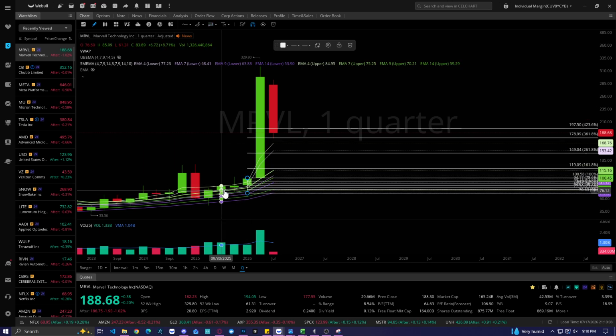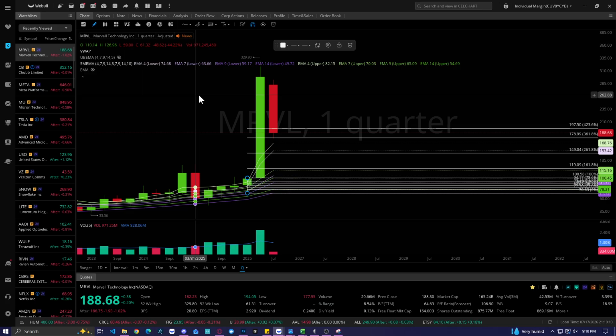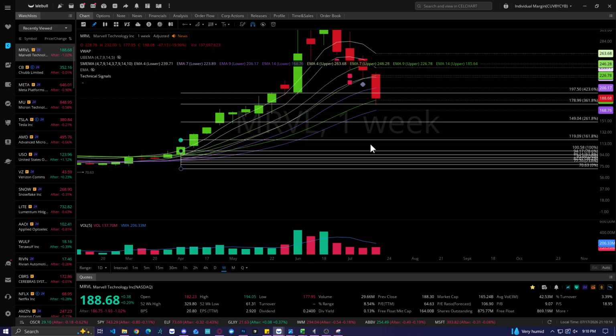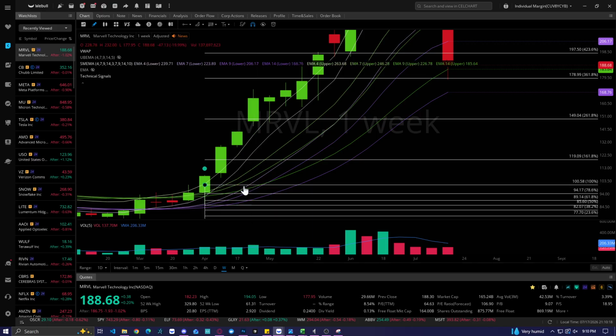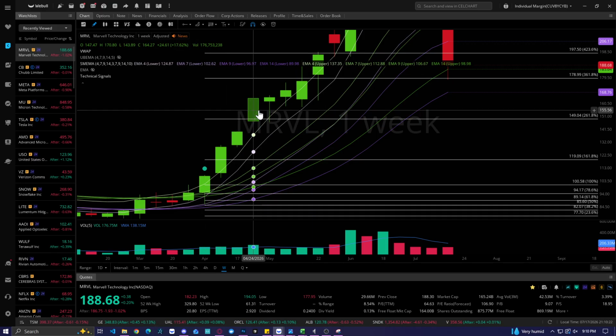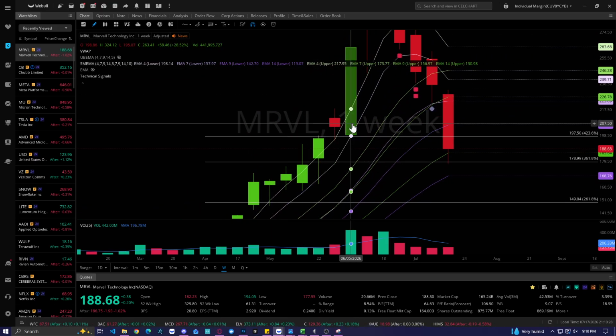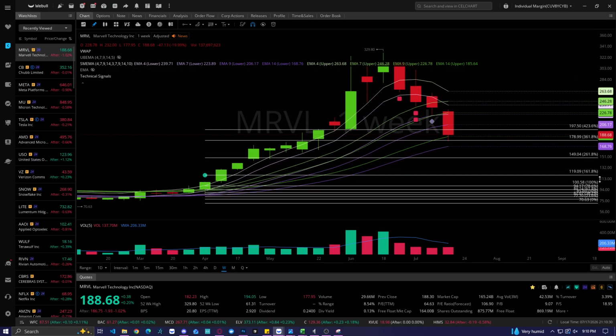I would trace the previous quarter. Okay, now let's gear up for this quarter. Look at where Marvel opened on the new quarter. Marvel actually opened above the 100% fib. Whenever you have a stock that opens up above the 100% fib, that's probably the most clear indicator that it's about to do the same uptrend that it's doing here.